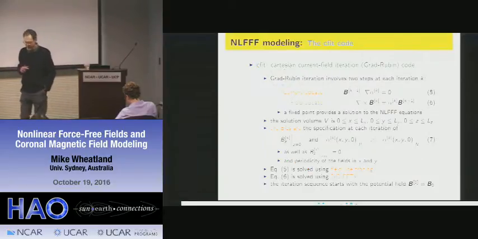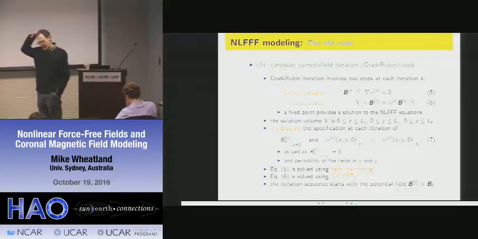Okay, so I'll describe the code that I've worked on since 2006 or 2007, which is called CFIT, so current field iteration.